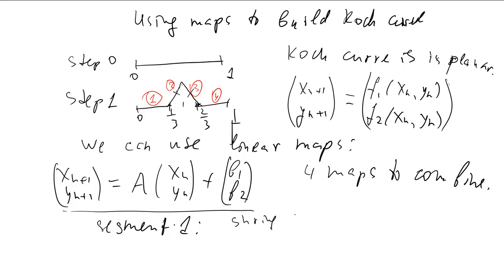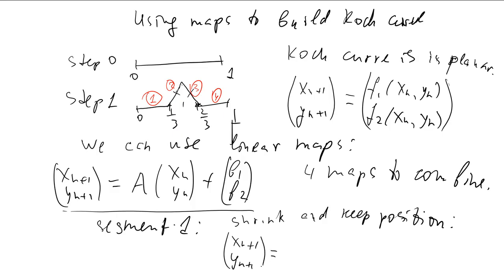Shrink and keep position: xn plus 1, yn plus 1, shrinking is relatively easy.